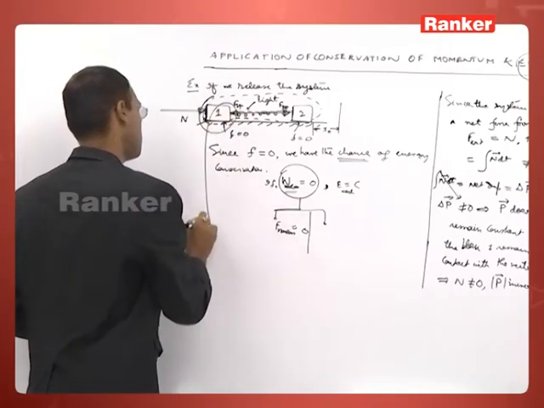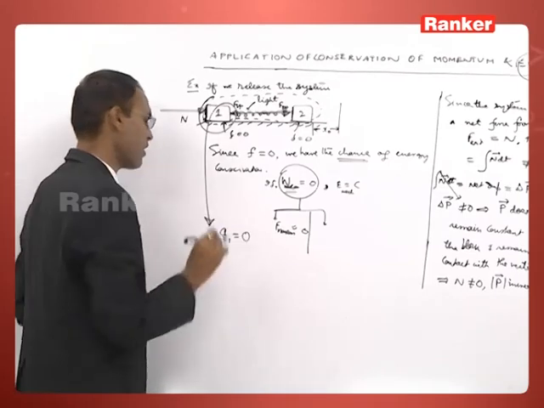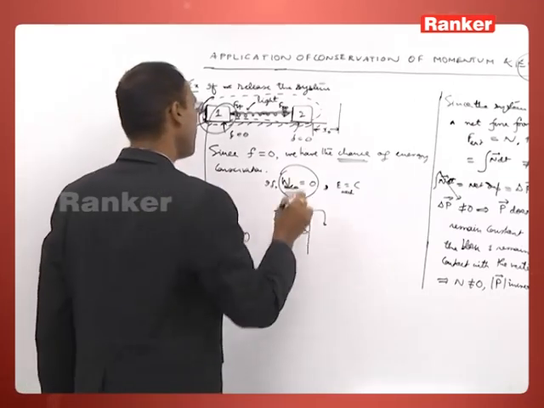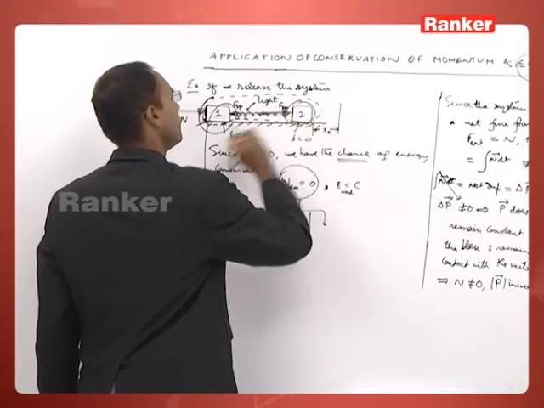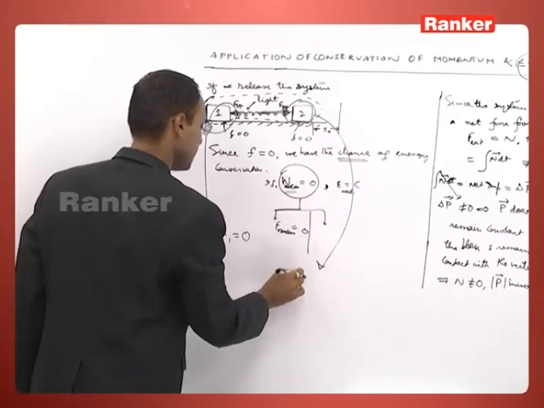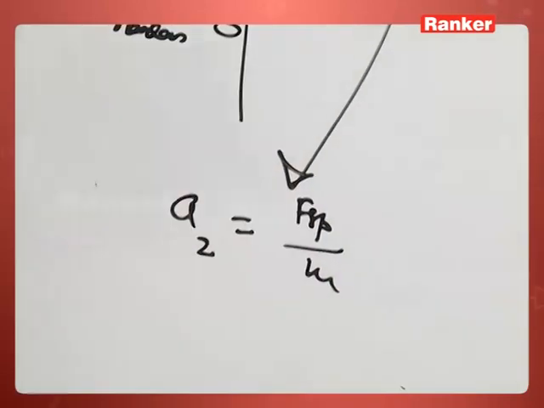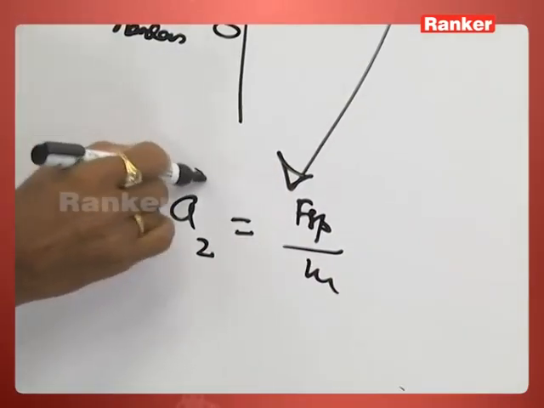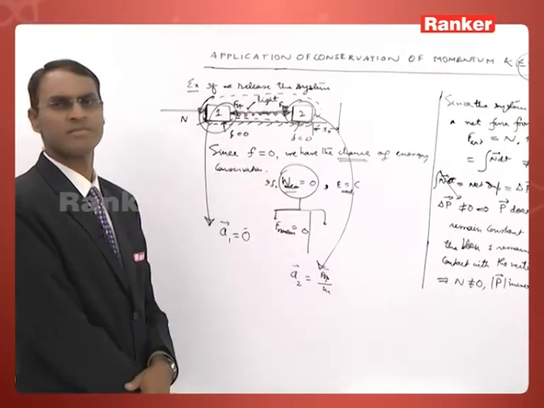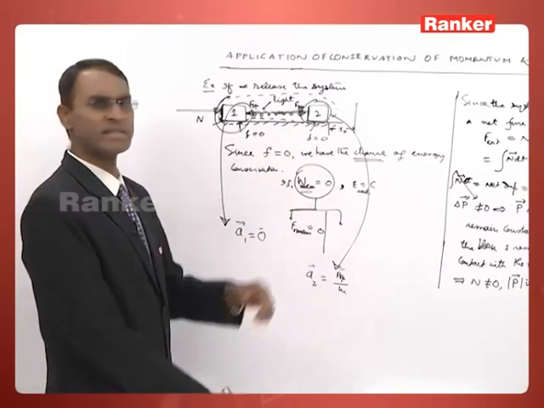So that always this block 1 will not accelerate at all, whereas the block 2 will have some acceleration that is equal to the spring force upon its mass. In this system, block 1 does not accelerate, block 2 accelerates.